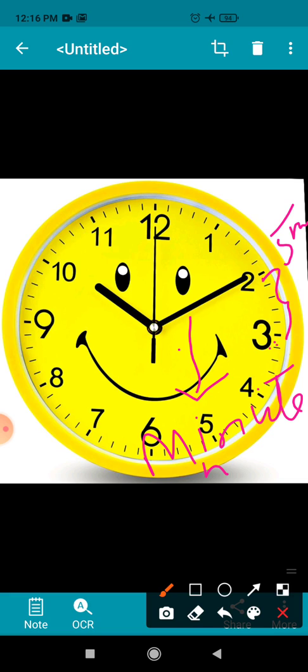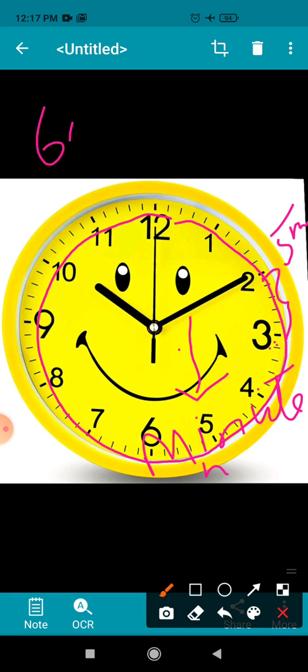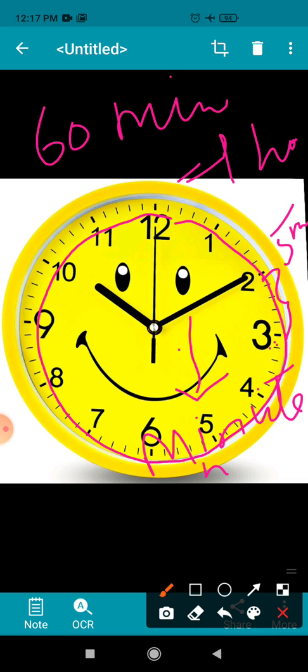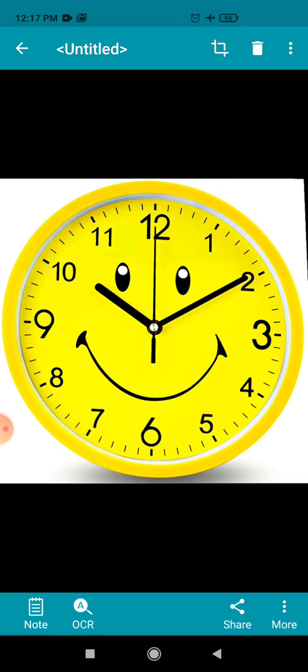Similarly we will calculate. If we calculate from here, it will take a total of 60 minutes to complete one round of the clock. 60 minutes is equal to 1 hour. The big hand, or you can say the long hand, takes 60 minutes to complete one round of the clock.